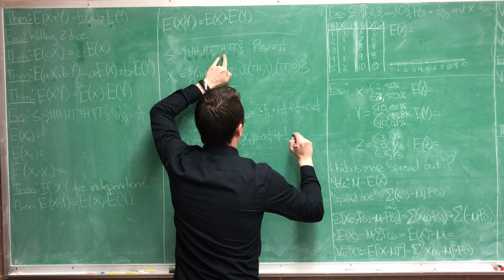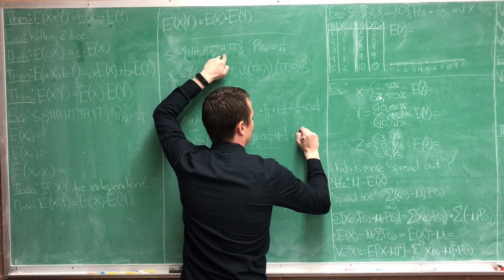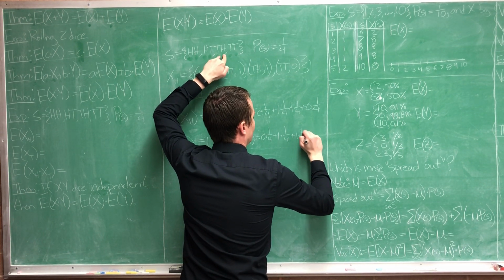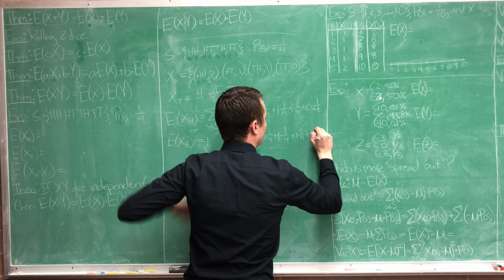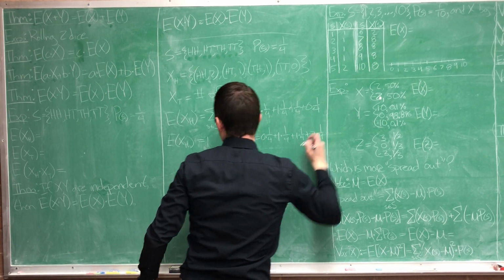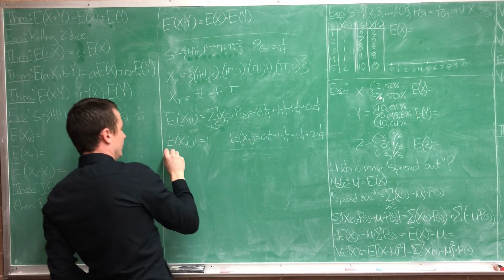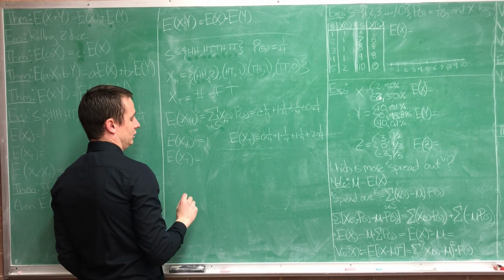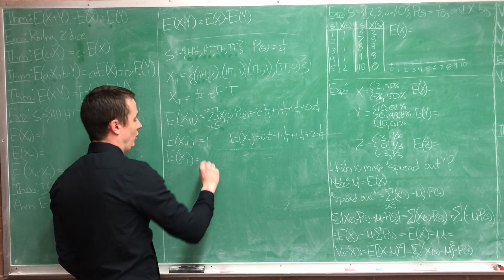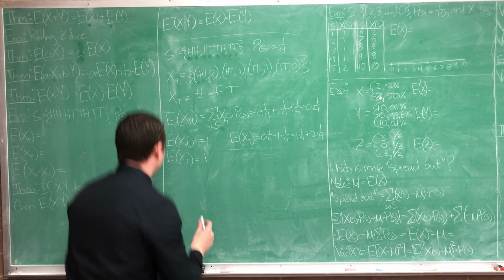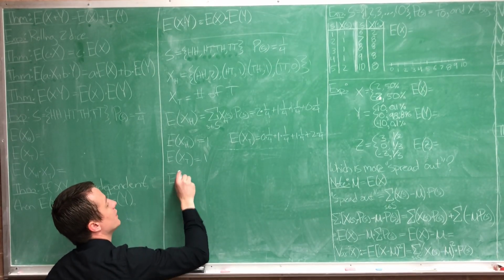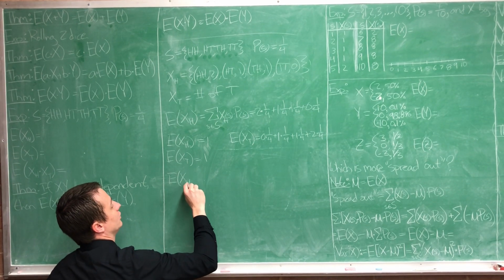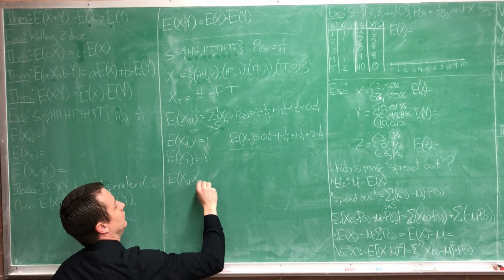Plus 1 times 1/4. And then finally, when we plug in the last one, 2 times 1/4. When it's all said and done, the expected value of X of T is equal to 1.